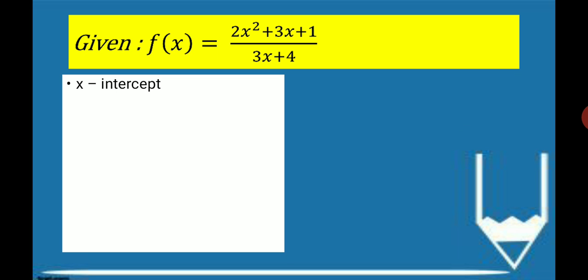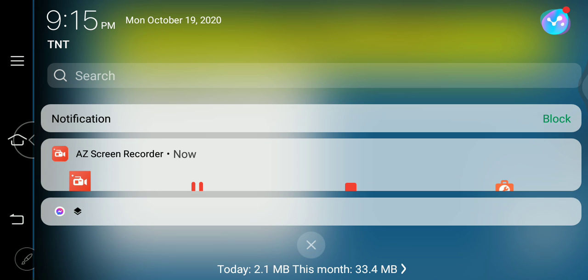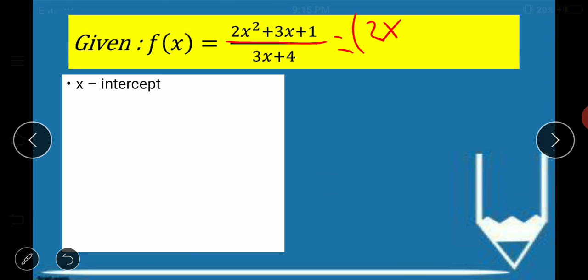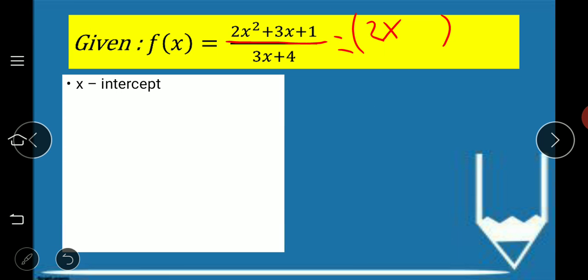So just like in this case, we have 2x squared plus 3x plus 1. If this is still factorable, the factors are... let's write it down here.